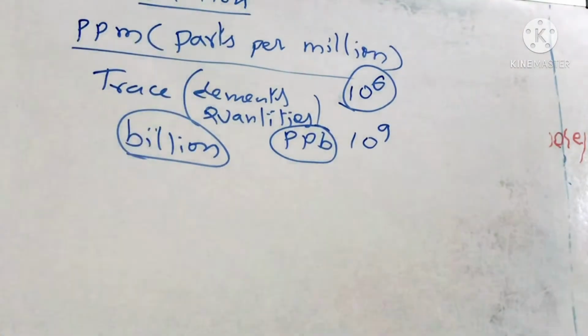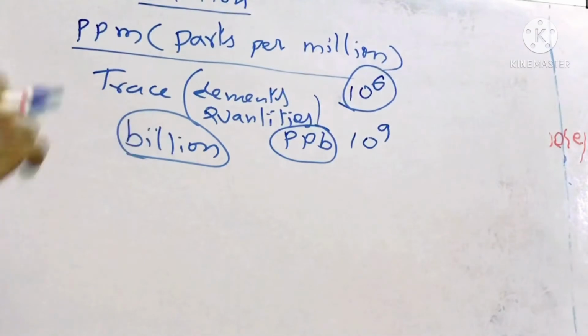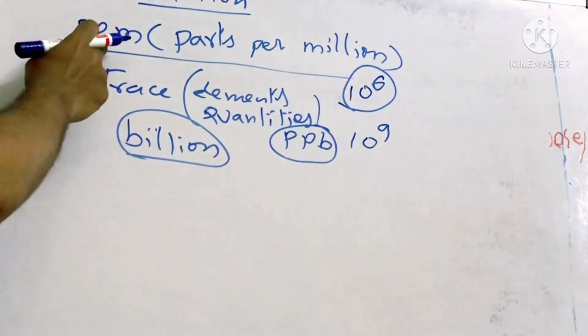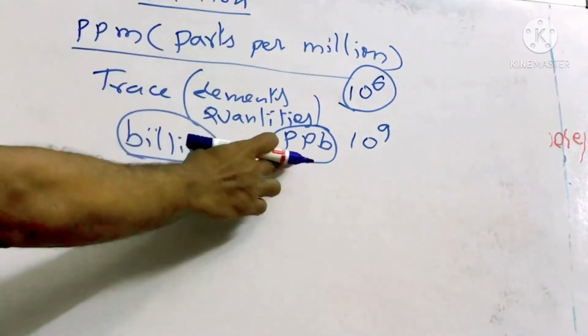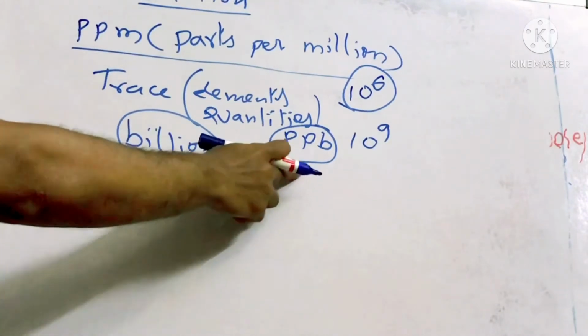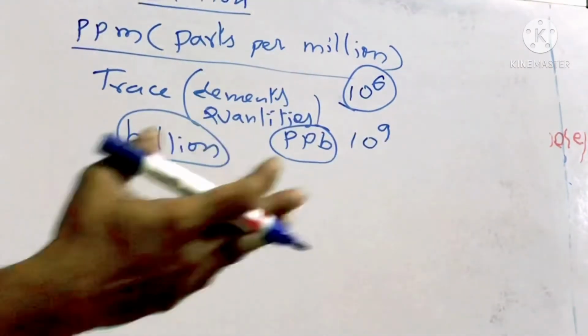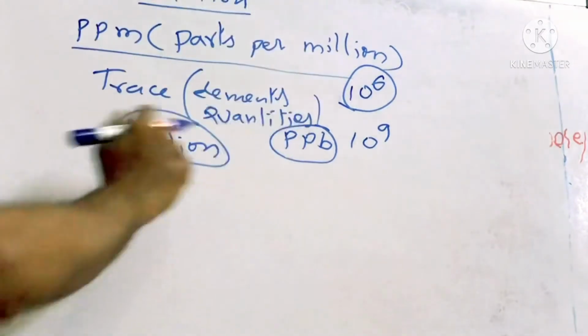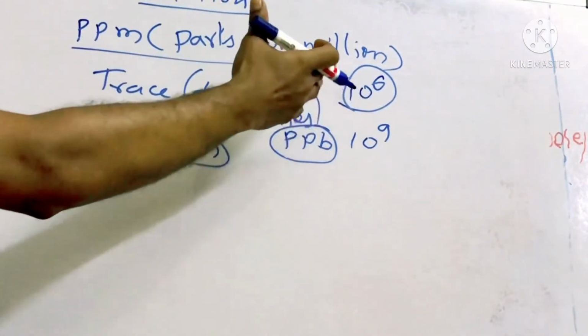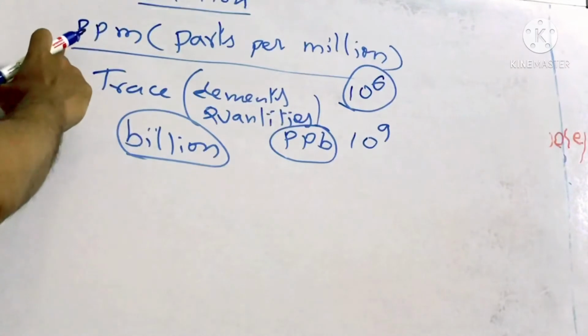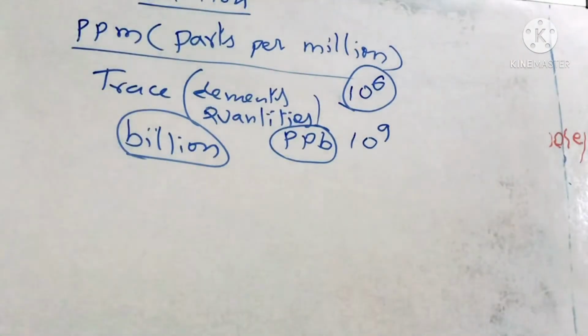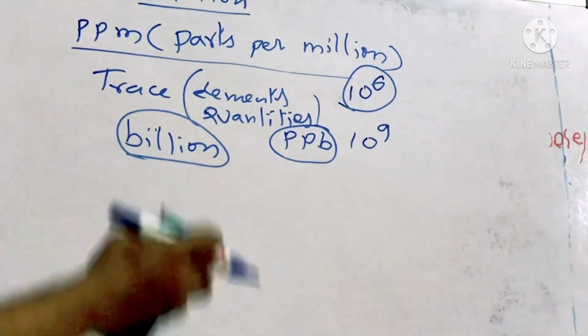So these are the two things generally used to represent very low concentrations for trace element identification. ppm is parts per million, it is bigger compared to ppb, which is still smaller, because for 10 power 9 parts, 1 part is called 1 ppb. Here, out of 10 power 6 parts, if I have 1 part, that is called ppm. So these are the two things we can generally use to find out trace quantities.